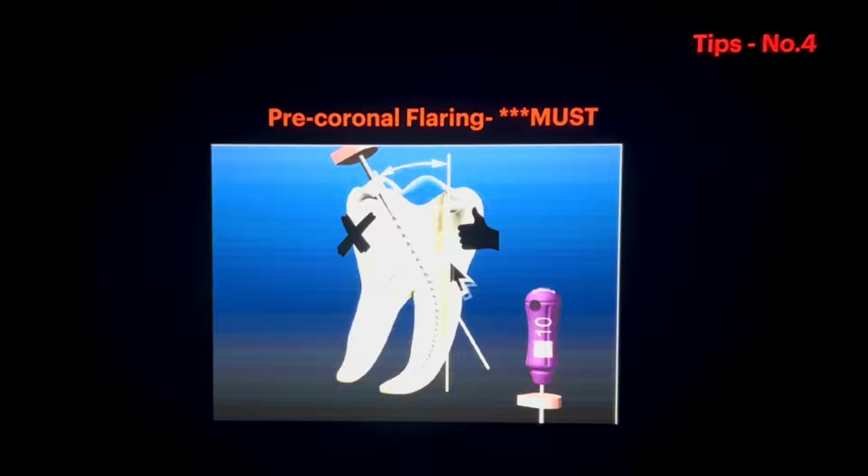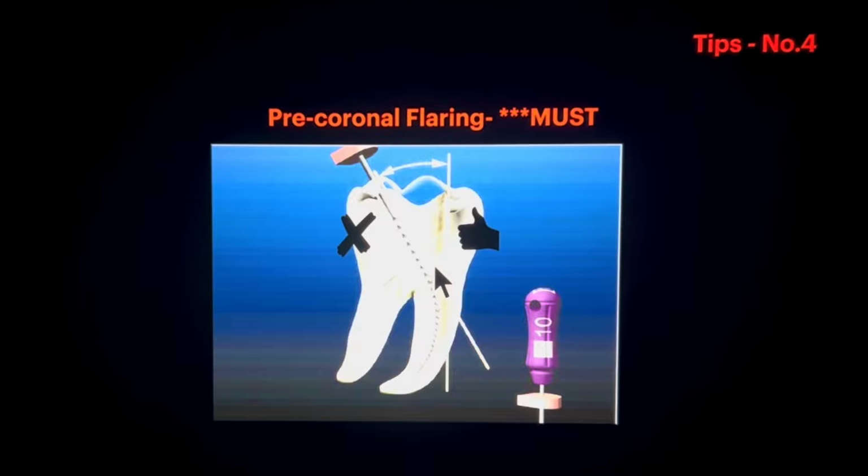So in this picture, you see that you have to do pre-coronal flaring to remove this dentin, the triangular dentin or lip of dentin at the level of the orifice here, in order to minimize the stress concentration on your rotary files.